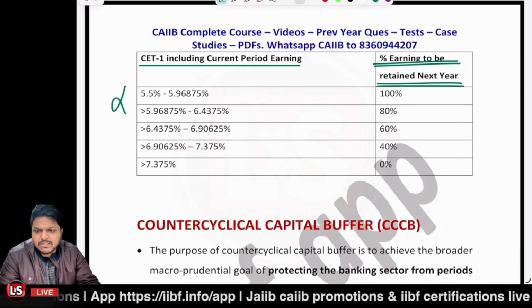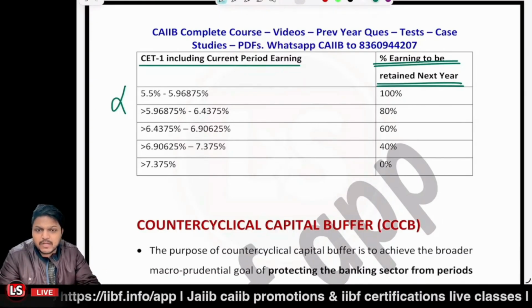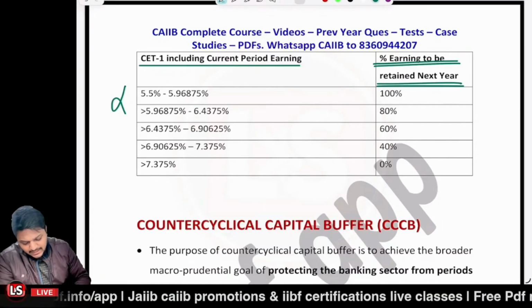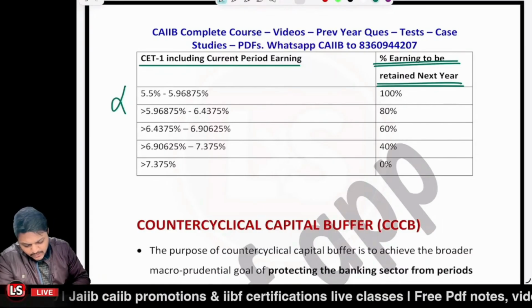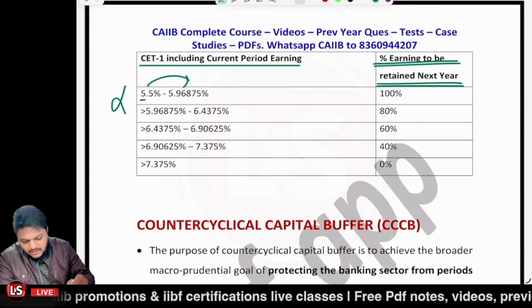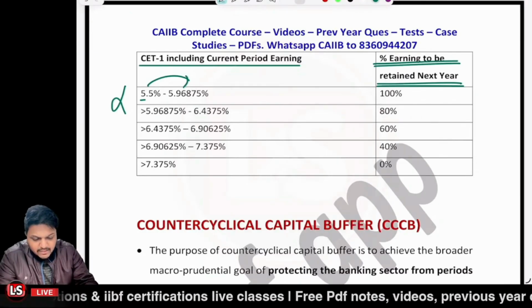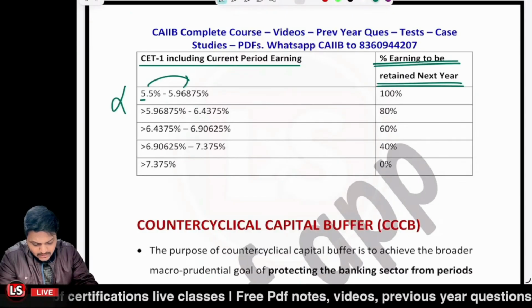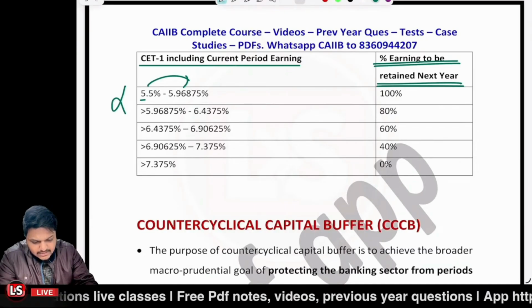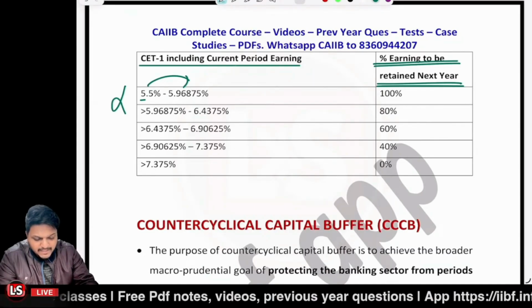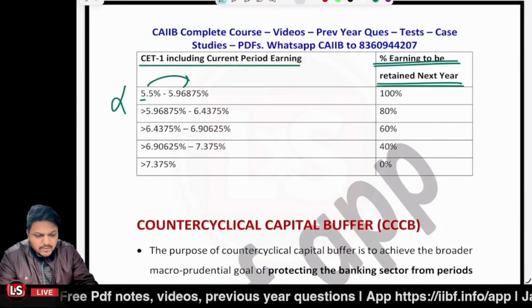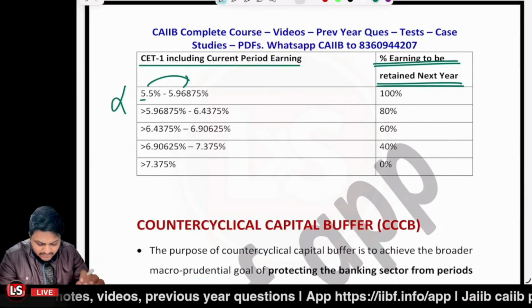That was the case. I'm just going to explain, do not worry about it. Just remember that you are to subtract 5.5 from the first term, right? Here you have 5.96875 minus 5.5, which is equal to 0.46875.